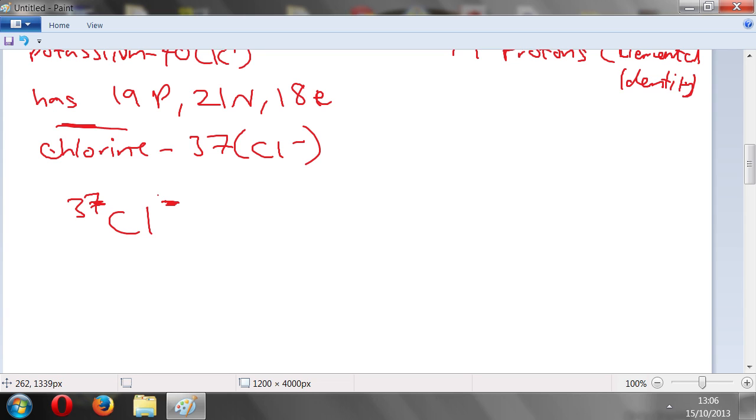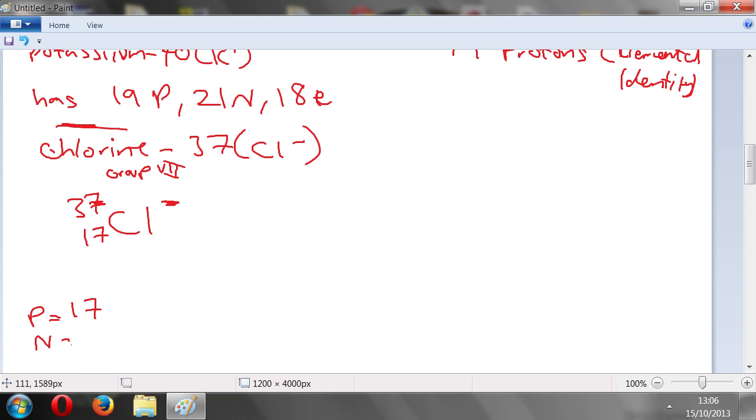So we look up chlorine. We can see that chlorine is in group 7 and has an atomic number of 17. So already from there we know that the protons are 17. To get the neutrons, we just do the mass number minus the atomic number.